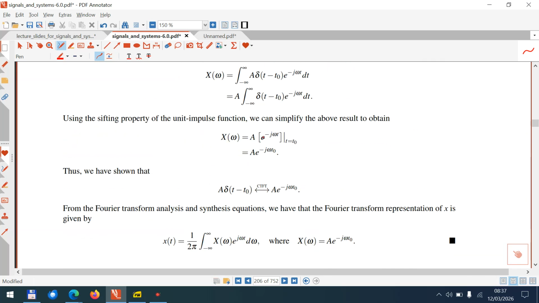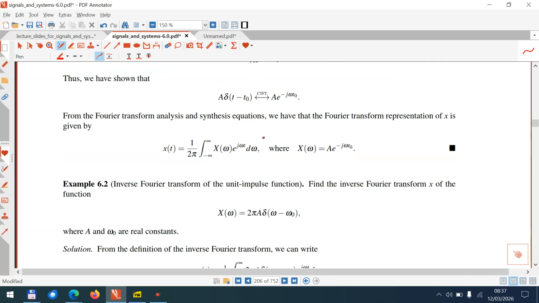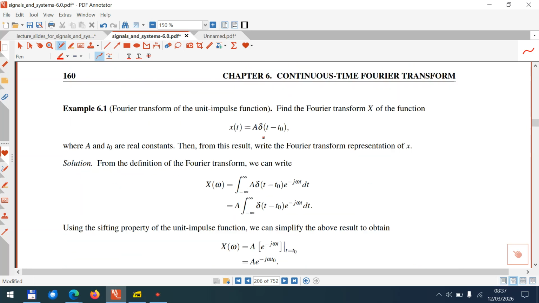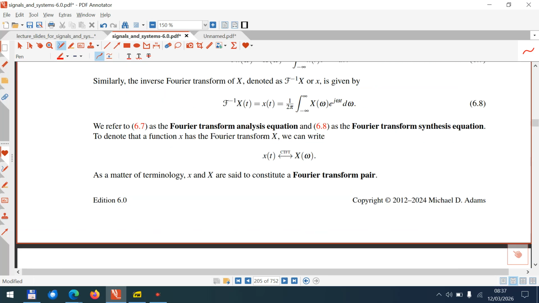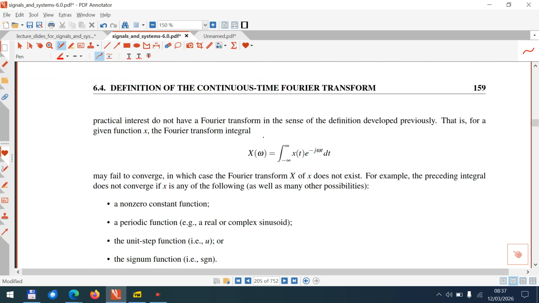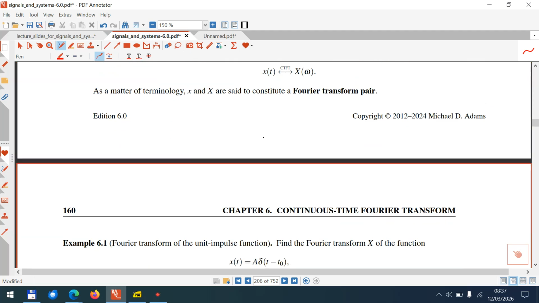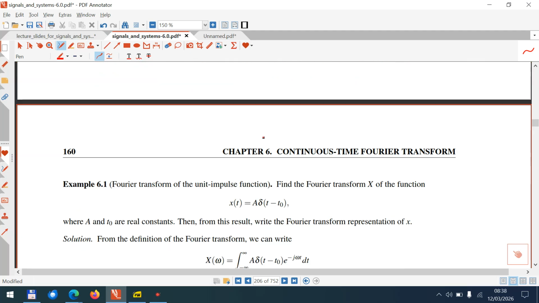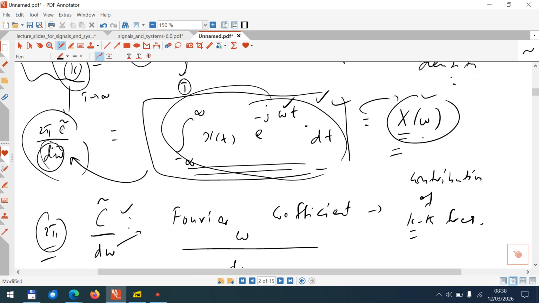So let's solve another problem, the impulse. What will be the Fourier transform for the impulse? Let's try it on a different page.